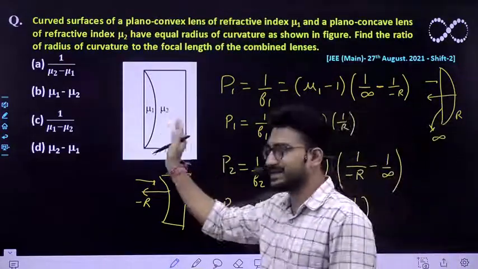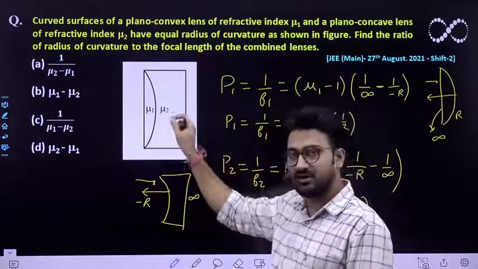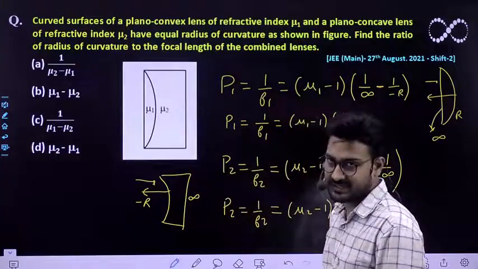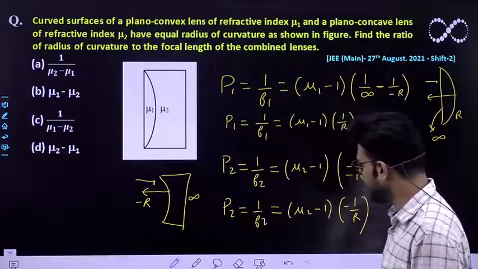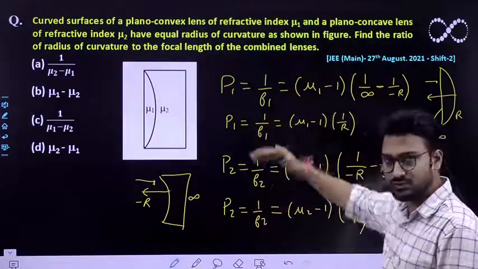Again, these two lenses are connected in combination, so the effective power of these two lenses would be added up. So the net power, or the total power of these two lenses, would be the summation of these two powers.